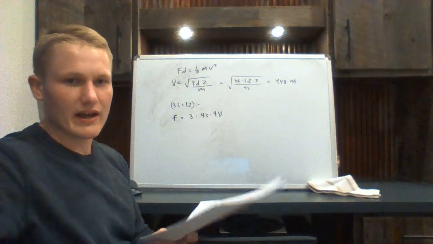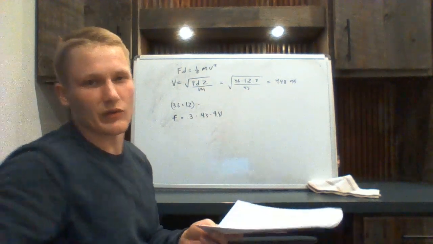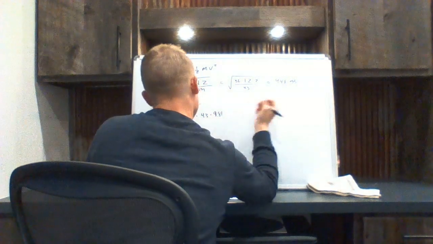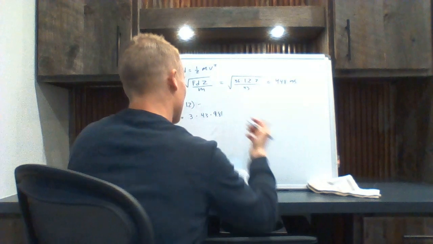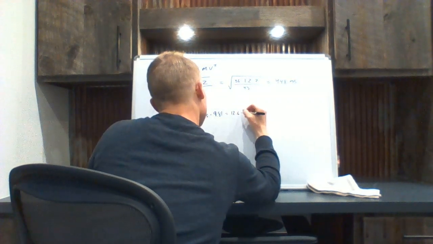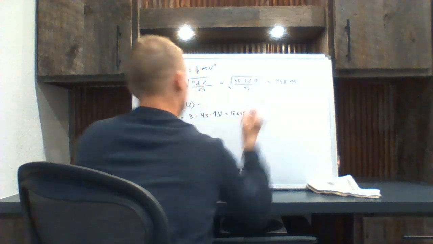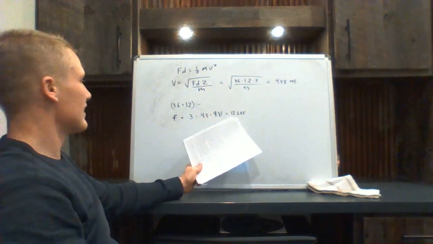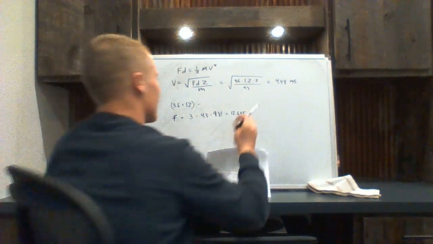Do I have that right? I do. And when you multiply those together, you get 12.6 or 12.7. Well, let's go with 12.655 newtons. So this is the force of friction.